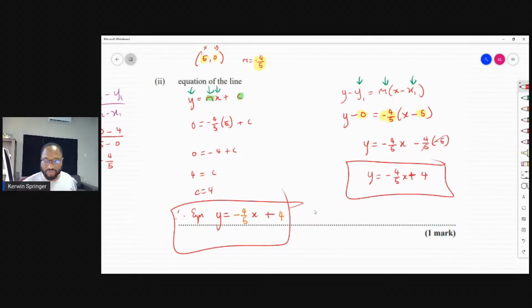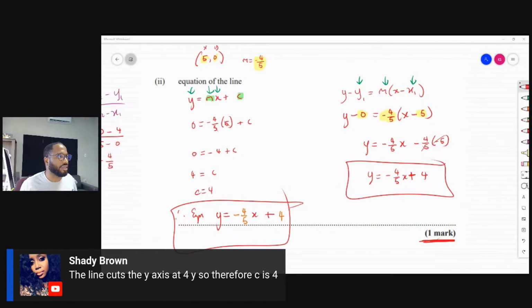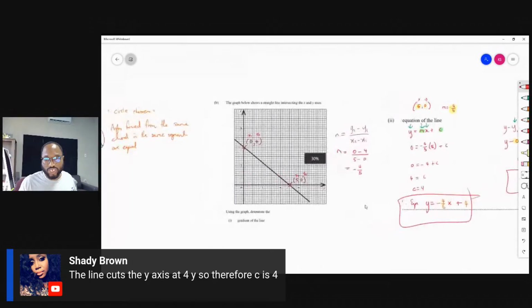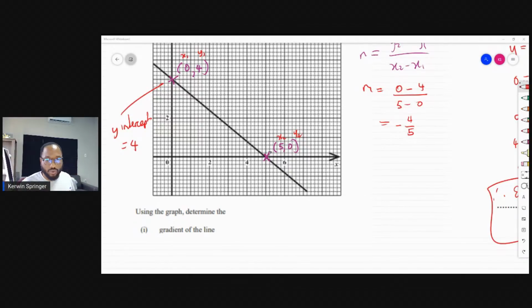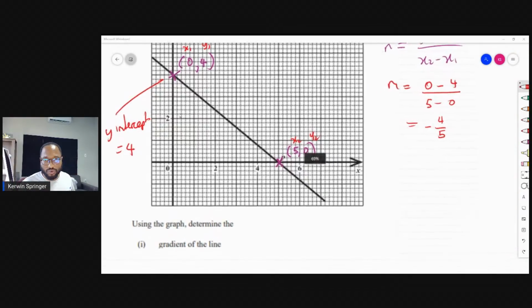Yeah, so there's even a faster way. This is a 1-mark question. There's even a faster way, and Brown is spotting the faster way. Big up yourself, Brown. If you watch the line, you already know that the y-intercept is 4.